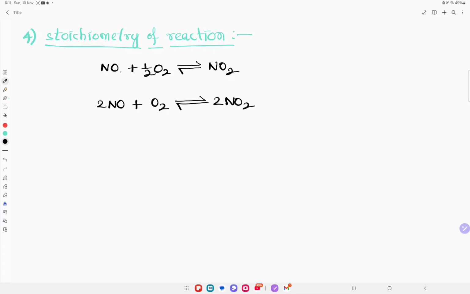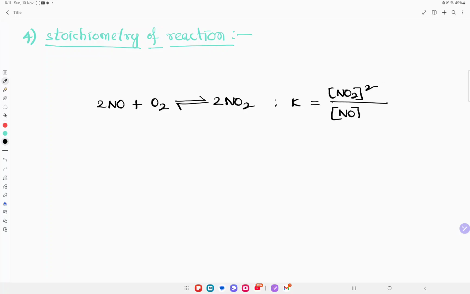So consider this one. For this equation, what is the equilibrium constant? Equilibrium constant is equal to molar concentration of NO2 raised to power 2 by molar concentration of NO squared into molar concentration of O2.